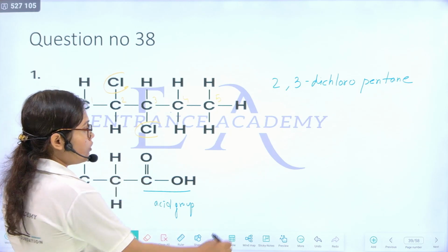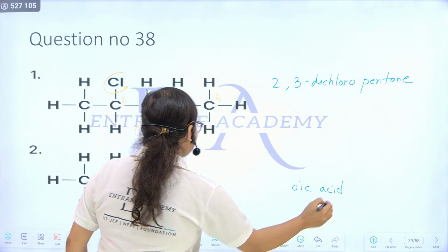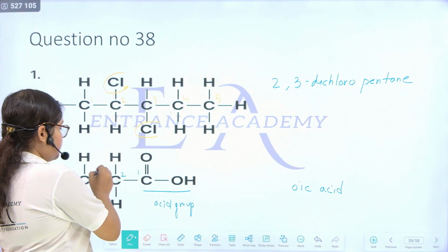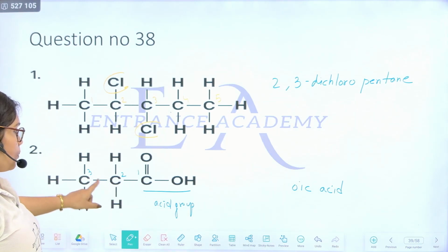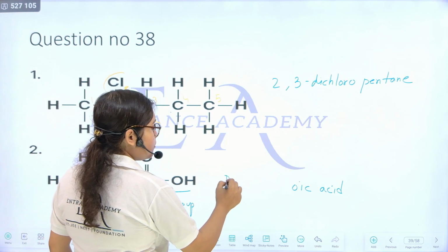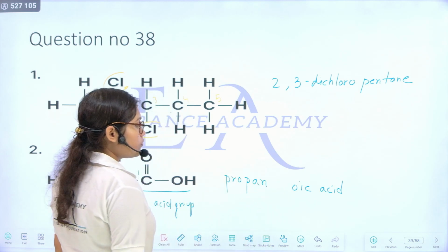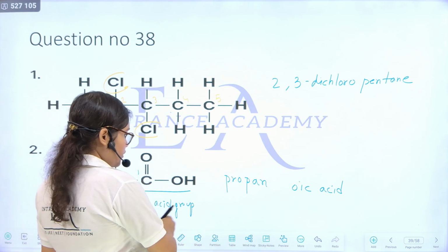Now the root word: the number of carbons is 1, 2, and 3, so the root is prop, propan, oic acid. So the structure is propanoic.